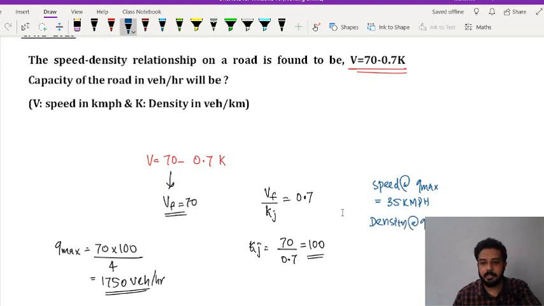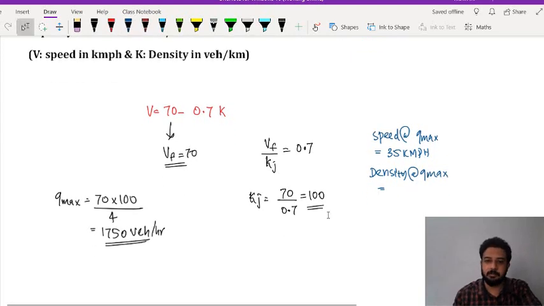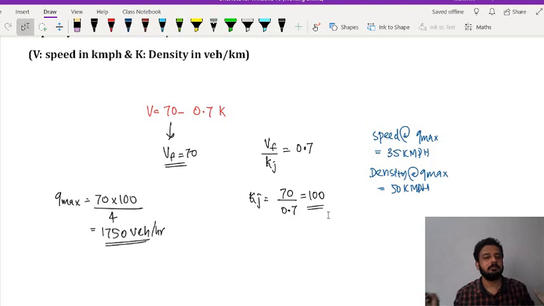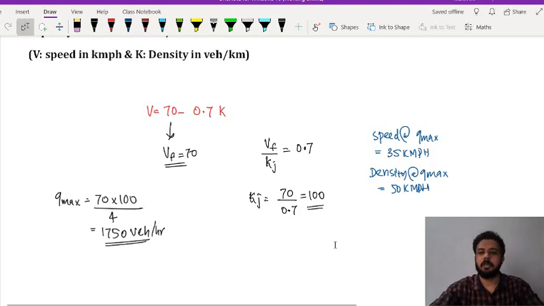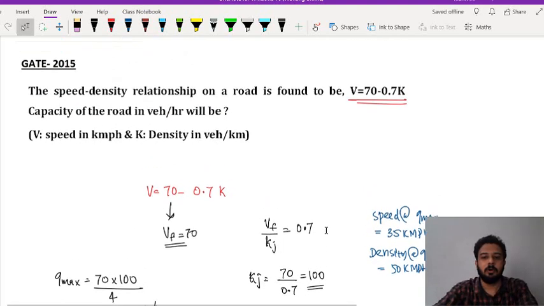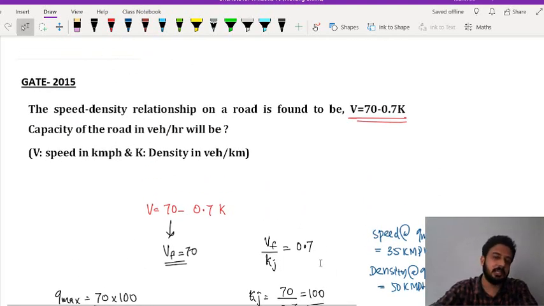Yes, that will be Kj by 2, 50 kmph. Understood? That's it. Very easy, very important also. Only thing is, whenever they are asking such a tricky question like speed at maximum flow or density at maximum flow, you shouldn't make a mistake.